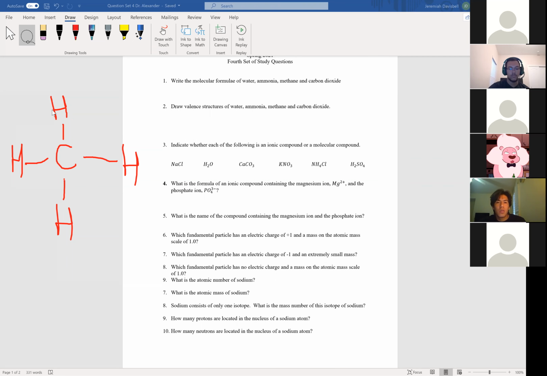So now let's do the last one, carbon dioxide. What did we say it was? Carbon is 4. Oh yeah, it was 4. I was just asking about the CO2, but yeah, it would be 4 dots around it.